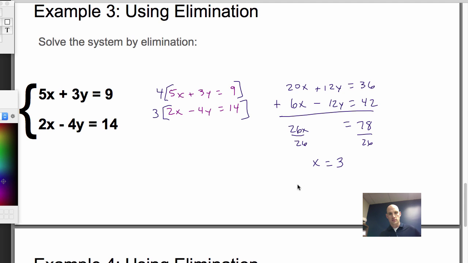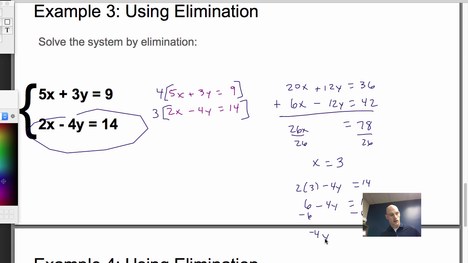So 2x minus 4y, so I'm substituting into this one, equals 14. And so 6 minus 4y equals 14. Subtract 6. So therefore, minus 4y equals 8. So y is equal to negative 2. My solution set, 3 and negative 2.